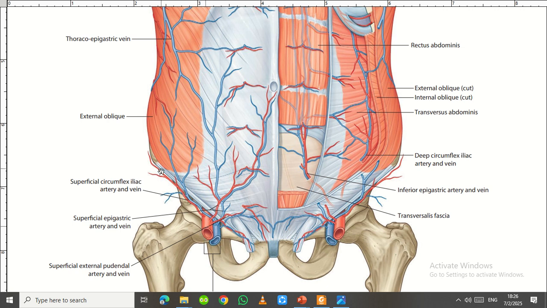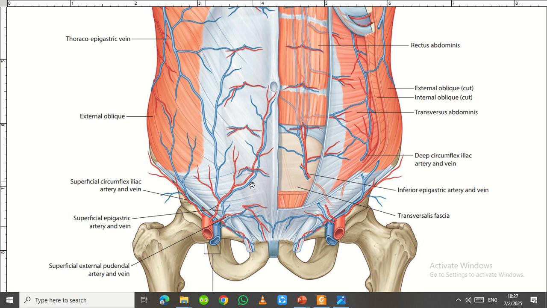This region right here is your zone number two. So zone number two is supplied by these branches of the femoral artery: the superficial circumflex iliac artery, the superficial epigastric artery, and the superficial external pudendal arteries.